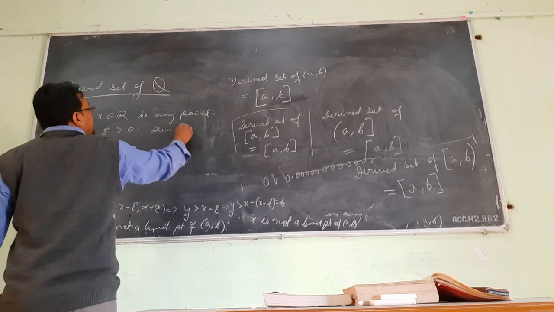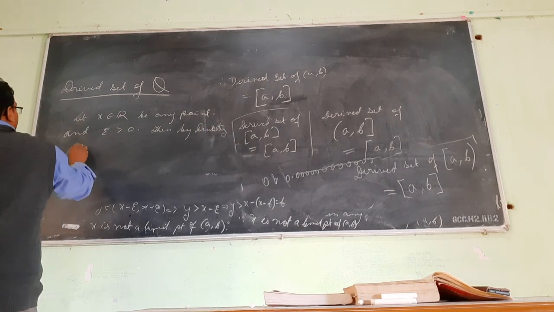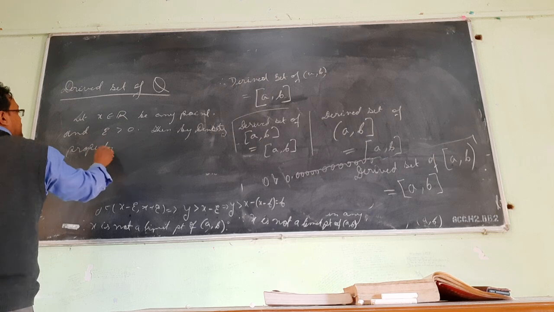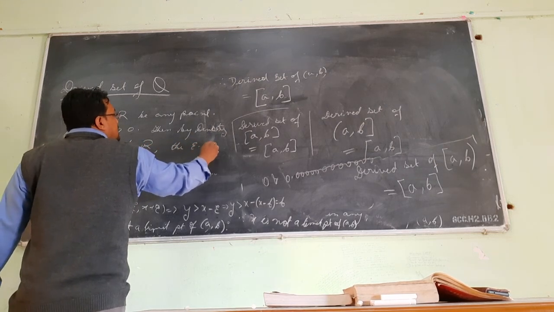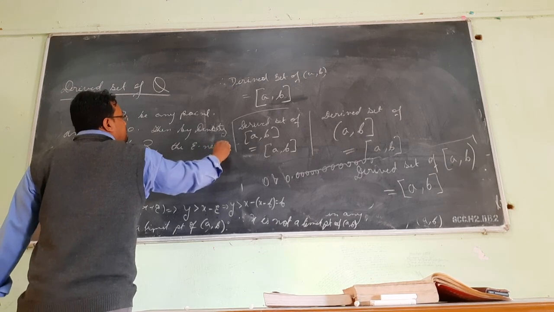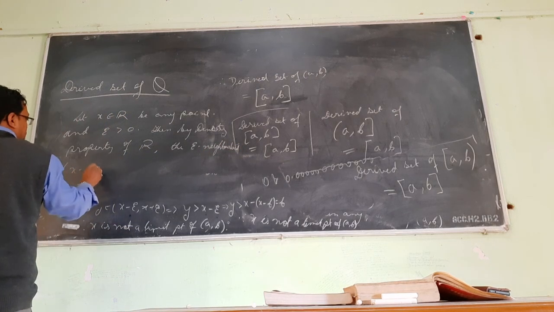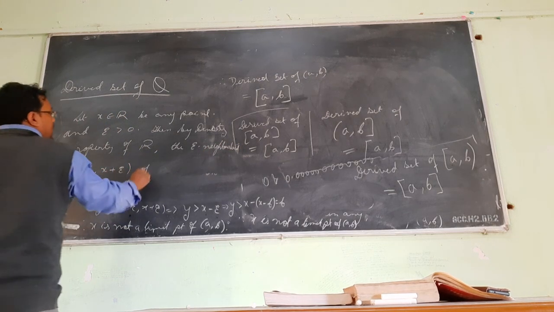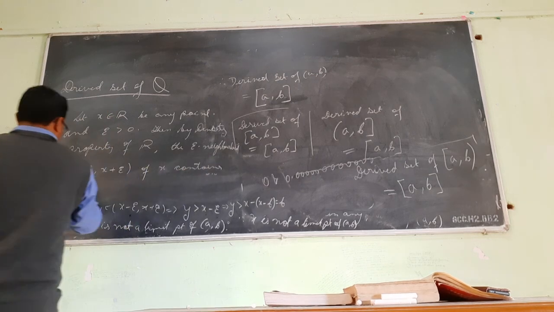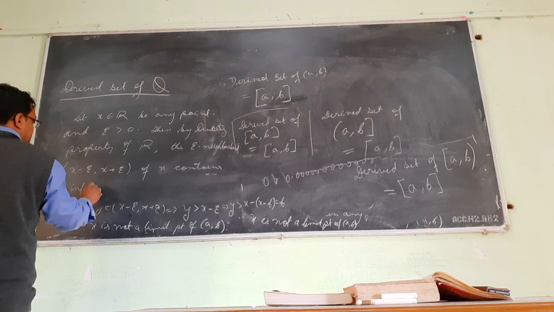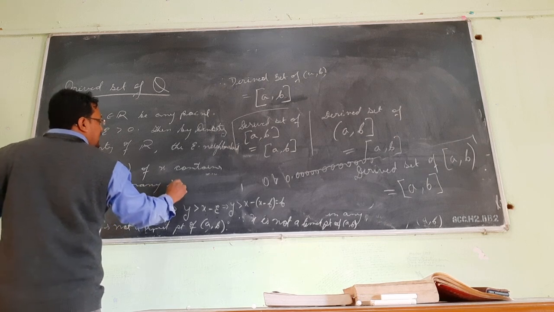Then by the density property of R, the epsilon neighborhood of x, from x minus epsilon to x plus epsilon, contains infinitely many rational and irrational points.